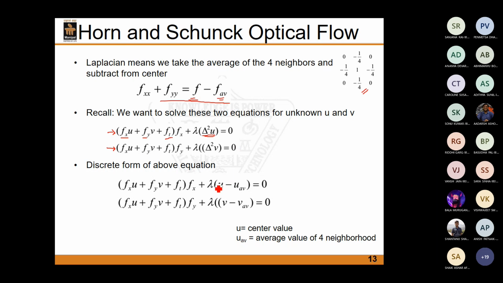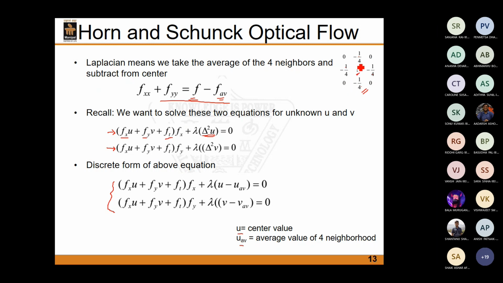So if I replace this, I can rewrite the equations as shown over here. Everything else remains the same. The only thing is, instead of finding the Laplacian of u, I write it as u minus u_av, where u is the center value, and u_av is the average value of the four neighborhood, taking the immediate adjacent pixels at top, bottom, left, and right, and discarding the diagonal neighborhood pixels.